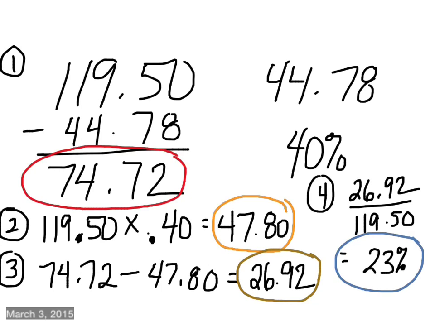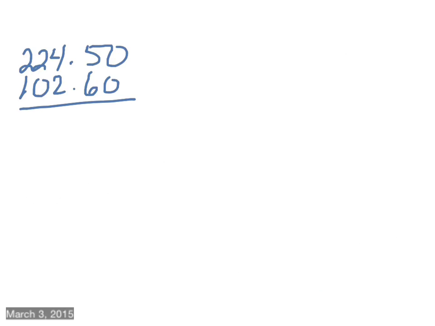Number 2. The selling price is $224.50. The cost is $102.60. The overhead expense is 35%. Find all those pieces. Now I set this up a little bit differently than the last one because we're going to find the markup and overhead first.